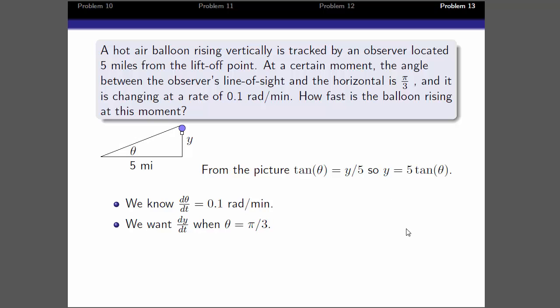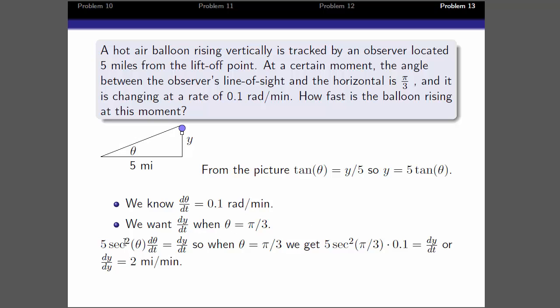Okay, so we just differentiate and go from there. So the derivative of 5 tangent theta is 5 secant squared theta, d theta over dt equals dy over dt. And we can plug in the pieces. When theta equals pi over 3, we're going to get 5 secant squared of pi over 3 times 0.1 equals dy over dt.